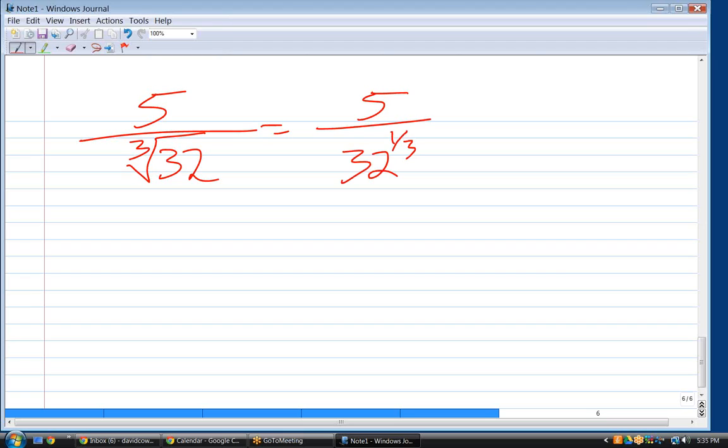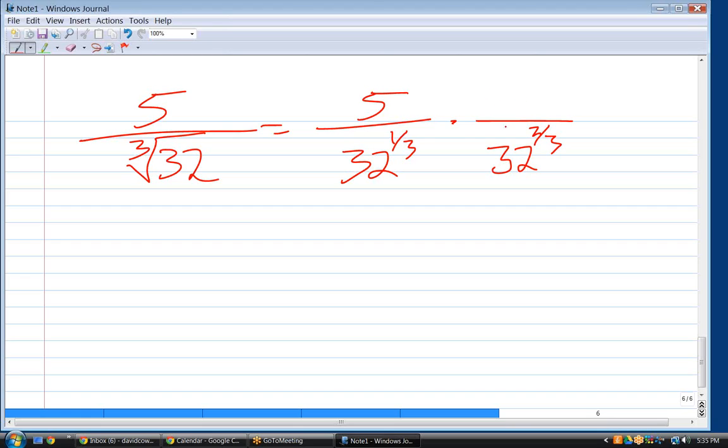The problem is it's an irrational number, and I've got it in the denominator. So what could I multiply that by to turn it into a whole number? How about 32 to the 2/3 power? Notice that when I add the exponents, I'm going to end up with 32 to the 1.